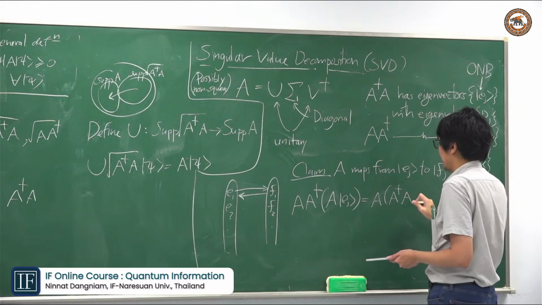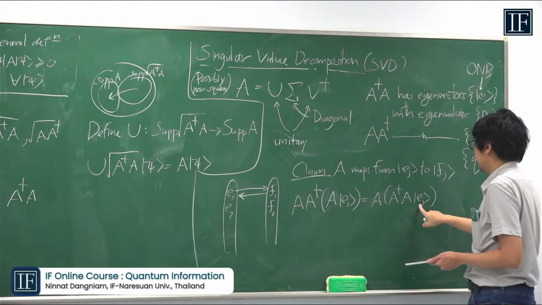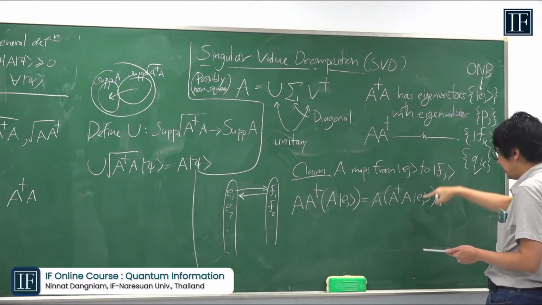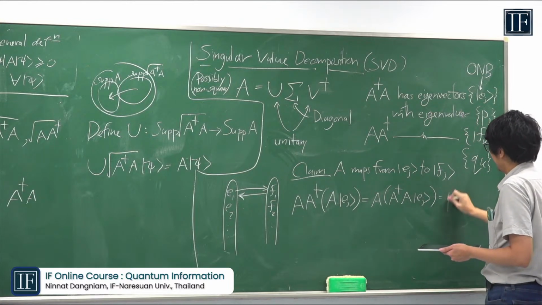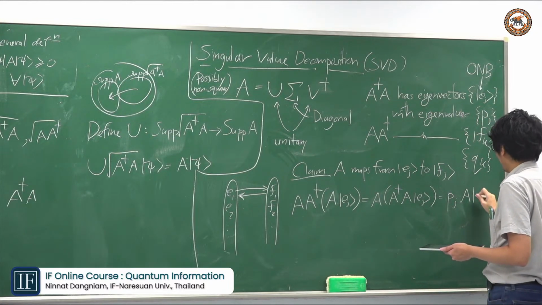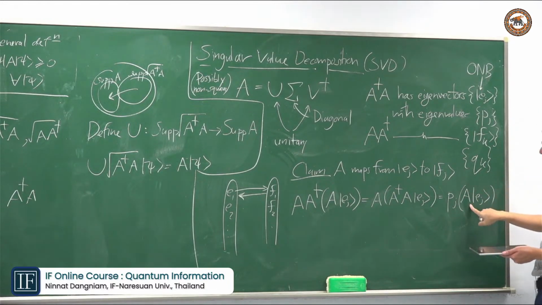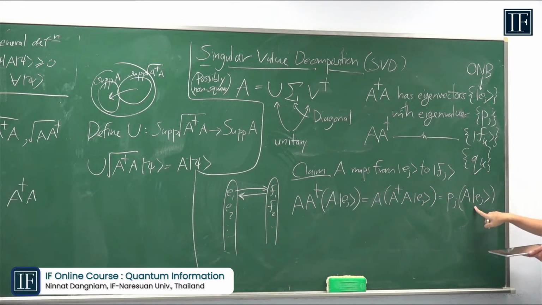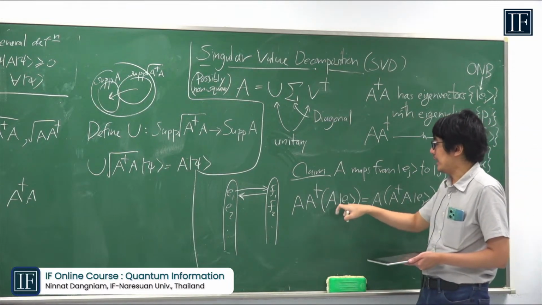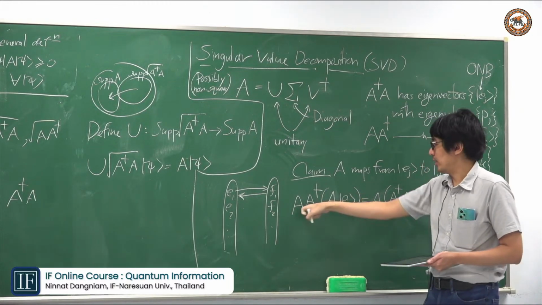I can think of this as A times A dagger A acting on E_j, which is its own eigenvector, so it spits out the eigenvalue p_j. So initially we have this and then we get the same thing back, but with some number in front. It means that A acting on E_j is proportional to the eigenvectors of A A dagger.